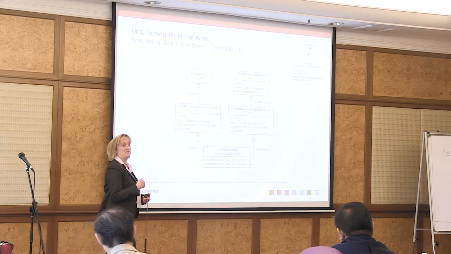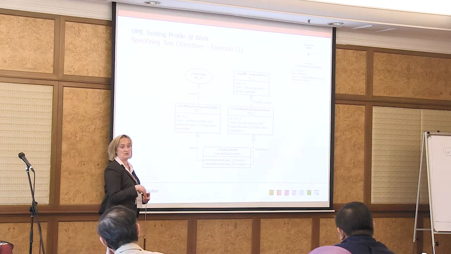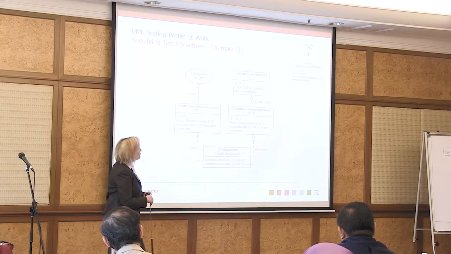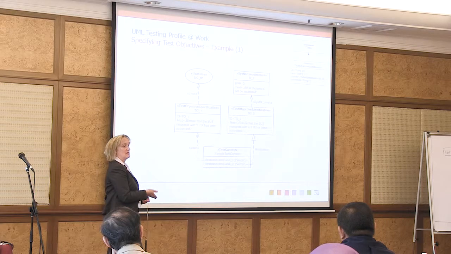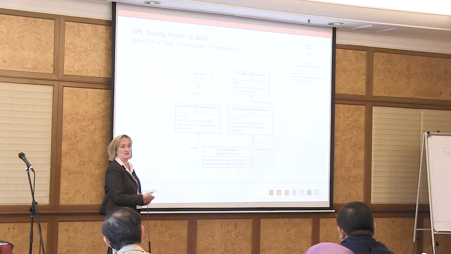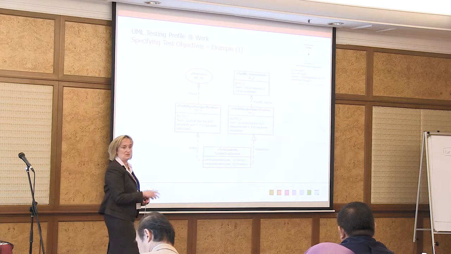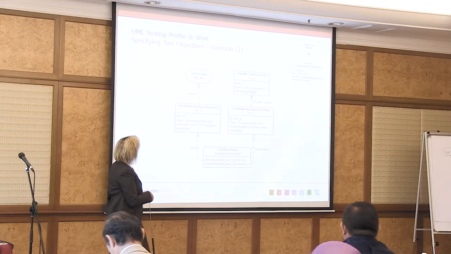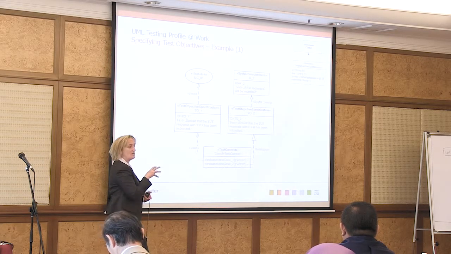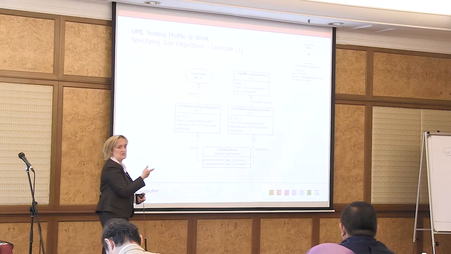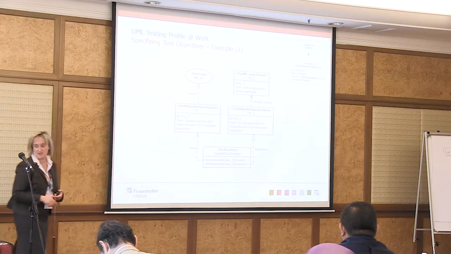You can say this is of high importance, of lower importance, of medium importance. And you can reference a certain external standard or external model so that you can interrelate the test context to the test objectives to other specifications.